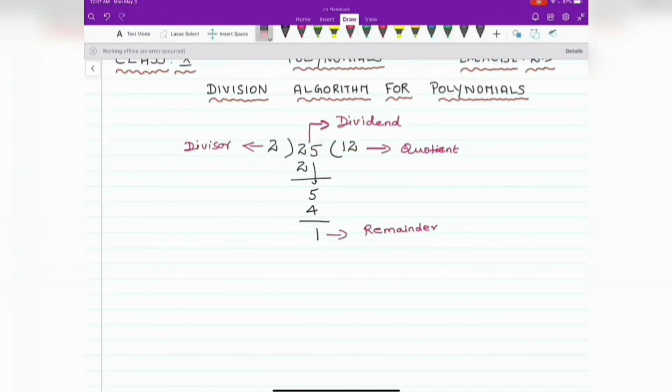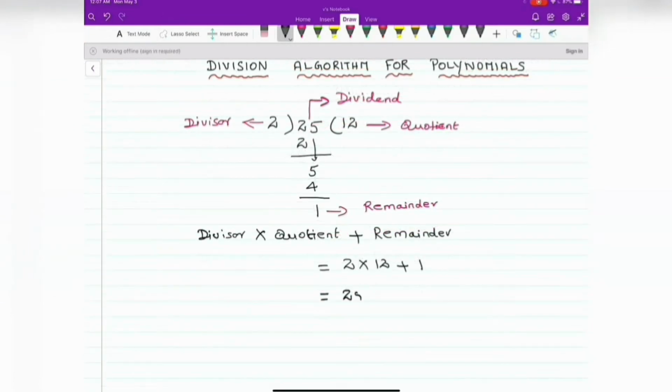Also, you are aware of the fact that divisor into quotient plus remainder is equal to 2 into 12 plus 1, which is equal to 25.